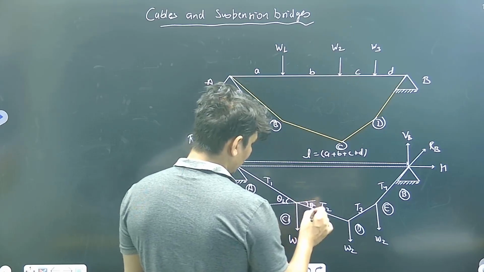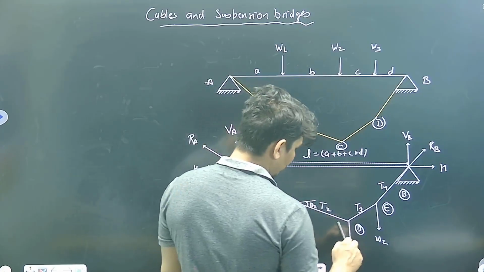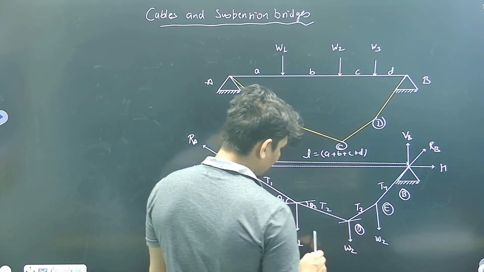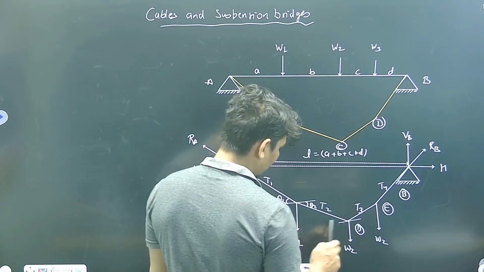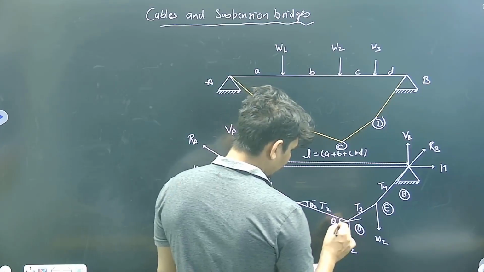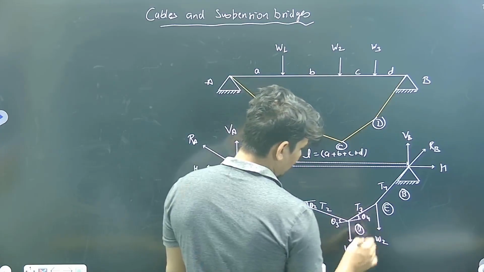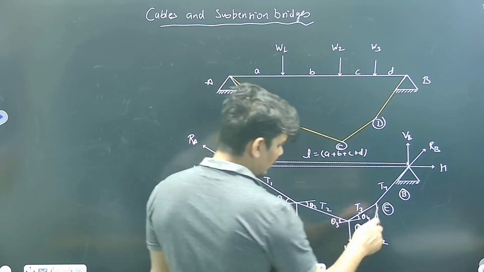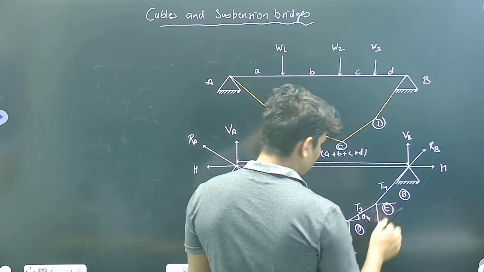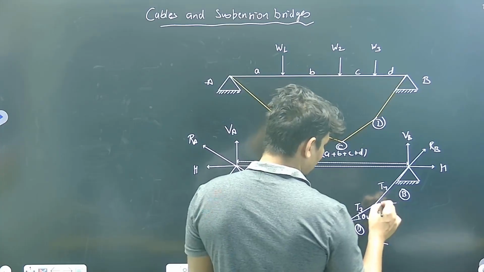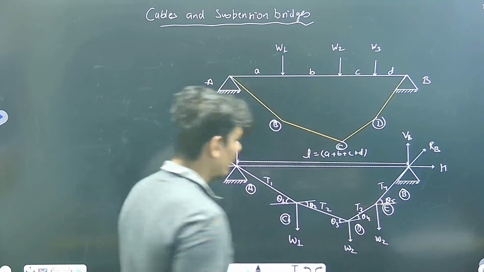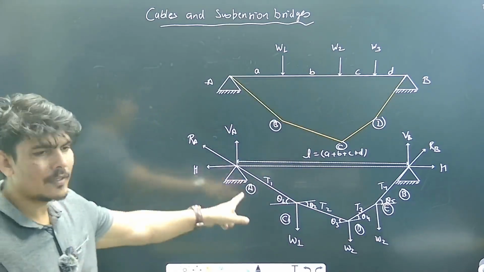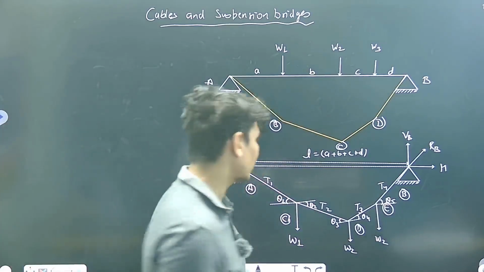This made theta 2. This is theta 3, theta 4, like this, theta 5. Right. So with the horizontal, different angles are made by the cable.